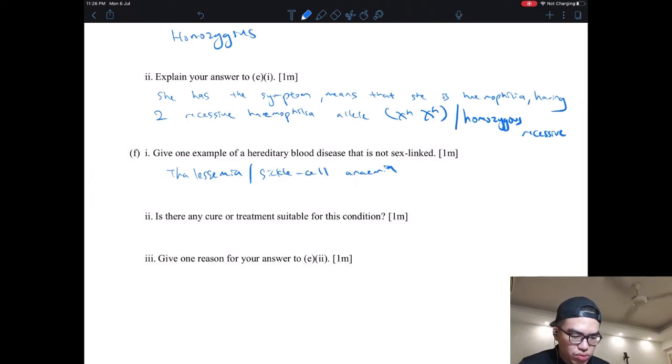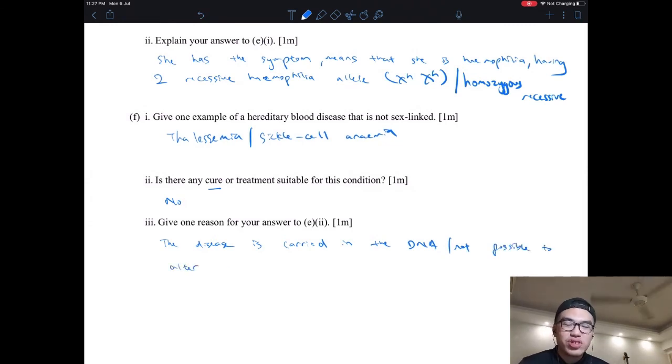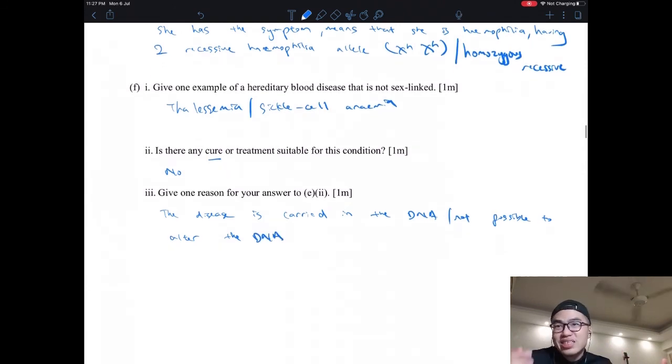They're asking for cure, so no. You can say the disease is carried in the DNA, and it is not possible to alter the DNA. If you could correct DNA, then we would have cured cancer, which is caused by a fault in DNA.